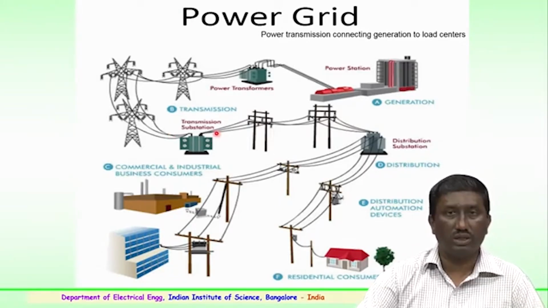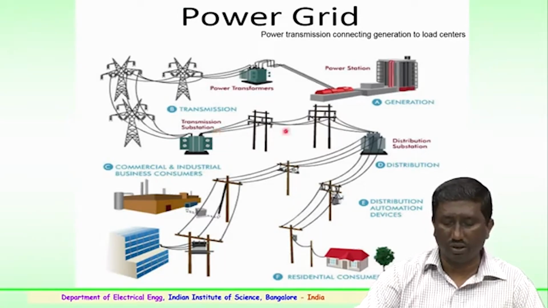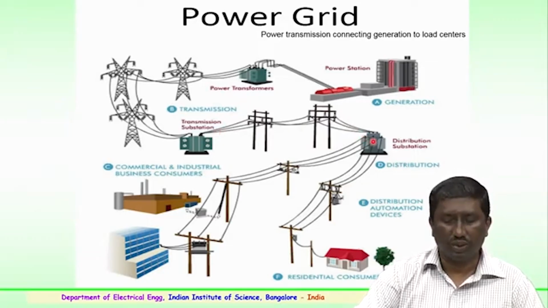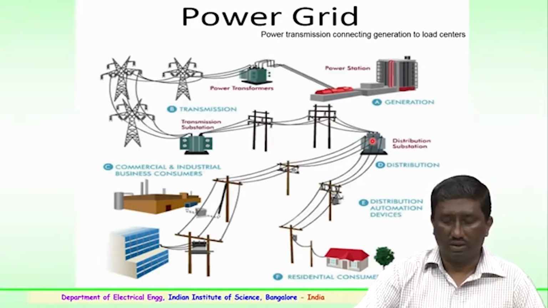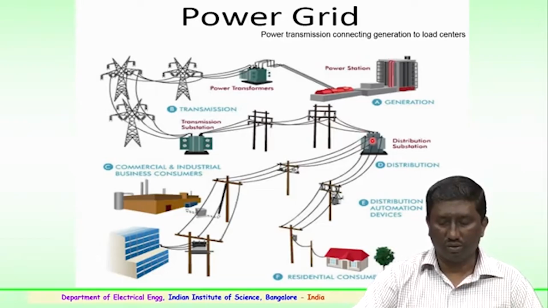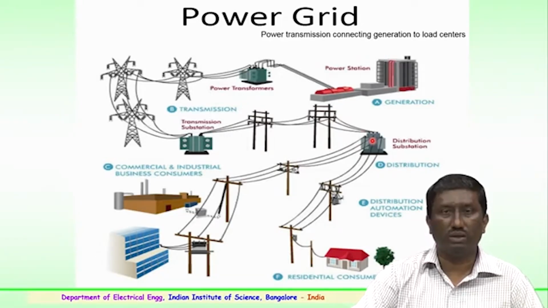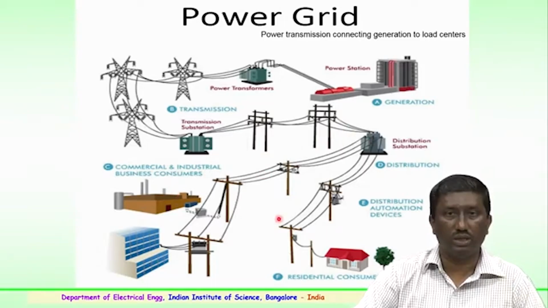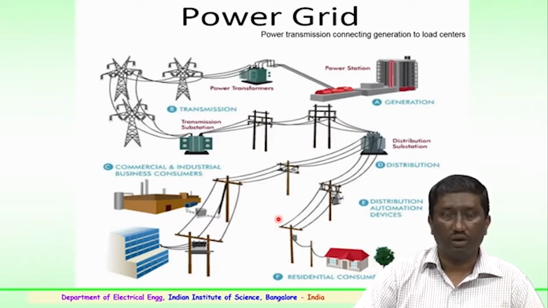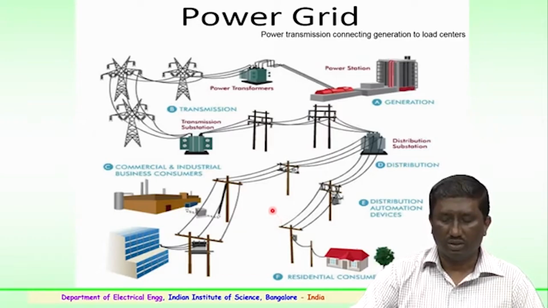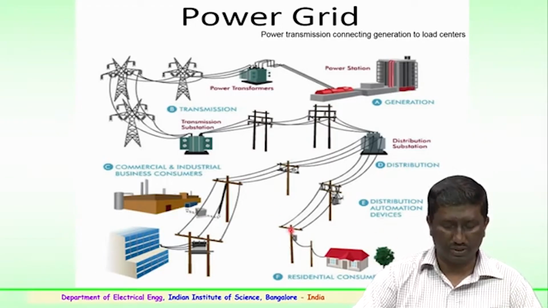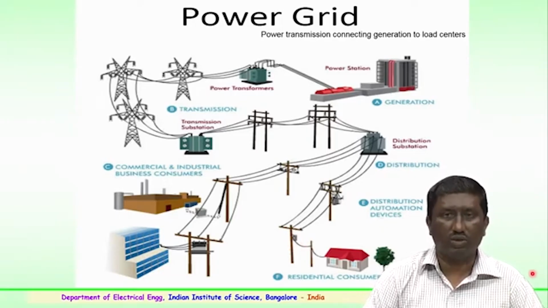It could be a transmission substation stepping down from a very high voltage to the next level, or further through the distribution substations, where the voltage level is stepped down to the requirement of the distribution networks. It could be for industries or commercial establishments, or for the distribution for agriculture or domestic purposes. So, this is how the power grid looks.